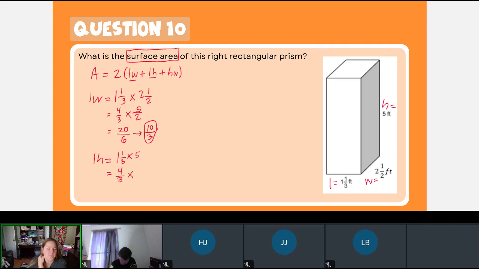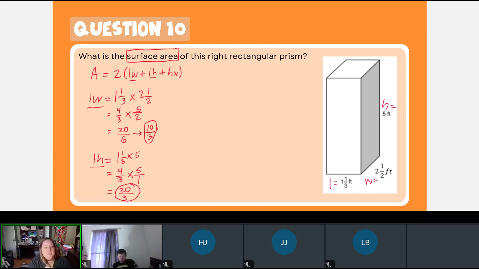And we can put that over 1 to make it easier to multiply. So 4 times 5 is 20. 3 times 1 is 3. So 20/3. And I don't think 20 can be divided by 3 evenly, so we're going to leave that as 20/3. And that is our length times height.